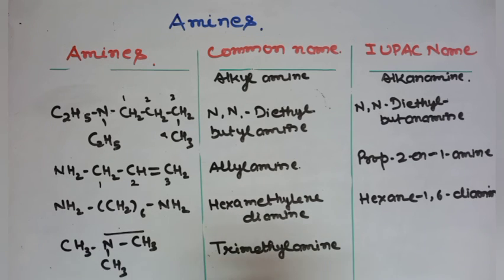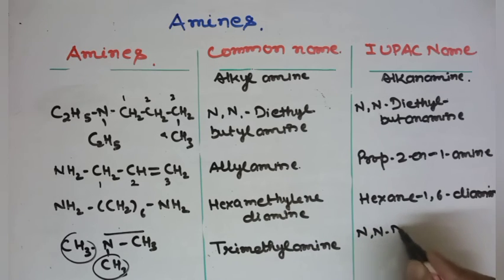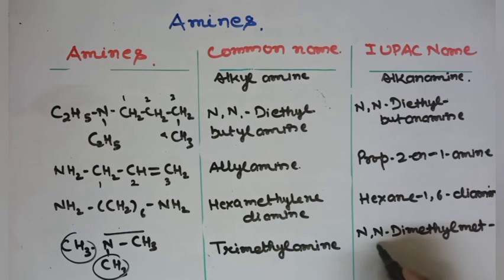So just take one carbon as the parent. So it is called methanamine, and the remaining two will act as substituents. N,N-dimethylmethanamine. So this will be the IUPAC name of this tertiary amine.